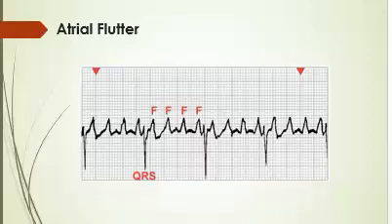And the flutter waves are actually identified for you. So if you think about sawtooth, flutter waves, jagged edges, whatever you want to call them. And normally this one is going to be a regular one. So like I told you that AFib is not regular. This one is pretty regular. So you can actually count 4 flutter waves to a QRS. Okay.